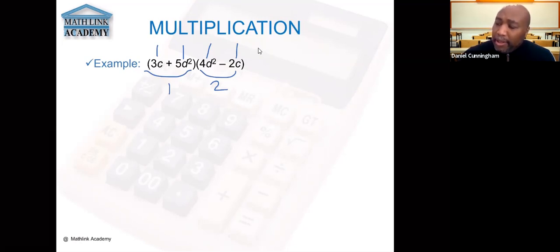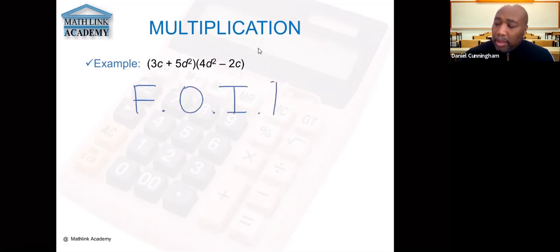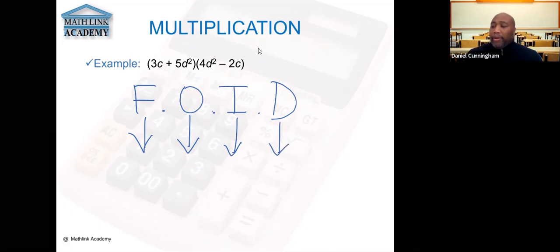Now the FOIL method, if you're writing it down, I'm going to write down FOIL. F stands for first, O is outer, I is inner, and the last letter is D. So it's first, outer, inner, and it's really our last.